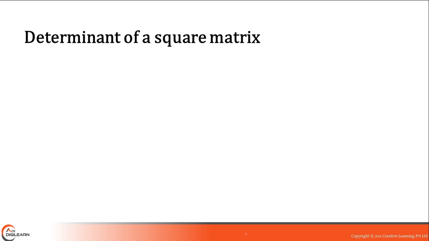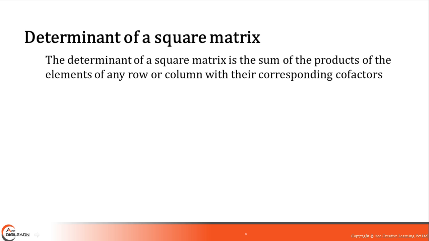Next, determinant of a square matrix. It is defined as the sum of products of the elements of any row or column with their corresponding cofactors. For example, A equals a matrix of order 3 by 3 which contains the elements a1, b1, c1, a2, b2, c2, a3, b3, c3.